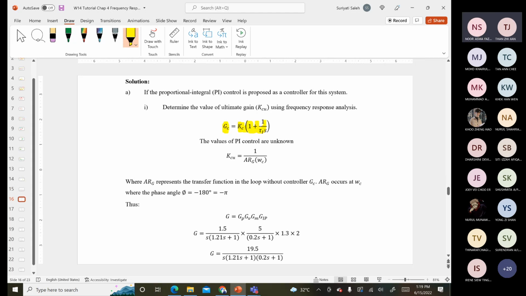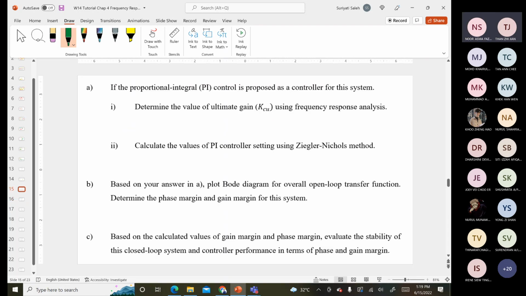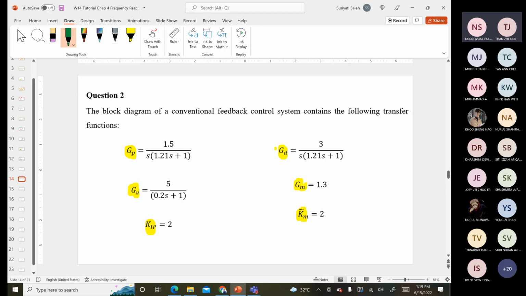So this is our PI controller. Here you have two parameters, Kc and tau I. The values themselves are not given. If we take a look back at the question again, here you have 1, 2, 3, 4, 5, 6, and 7.